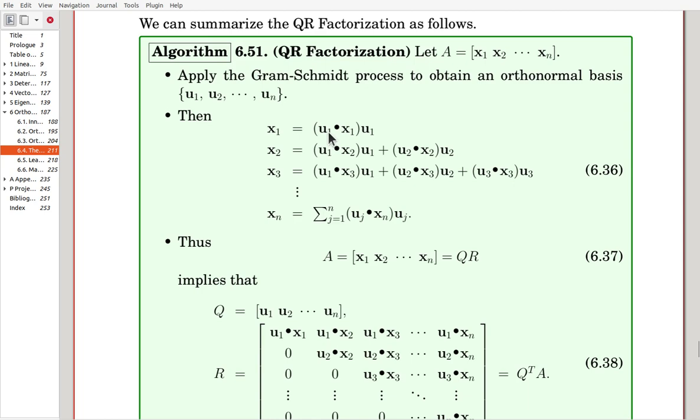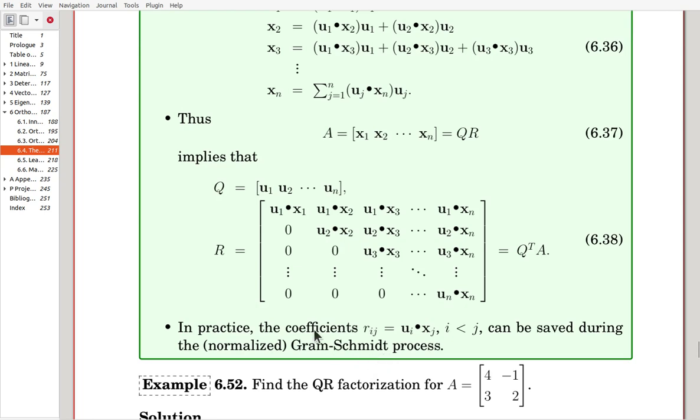And we can get such coefficients. x1 is along the u1 direction, and x2 is a linear combination of u1 and u2 with those coefficients. Now here we collect the vectors in the orthonormal basis, and these coefficients are also collected. Then you can easily see that these equations are satisfied. That is exactly QR factorization.